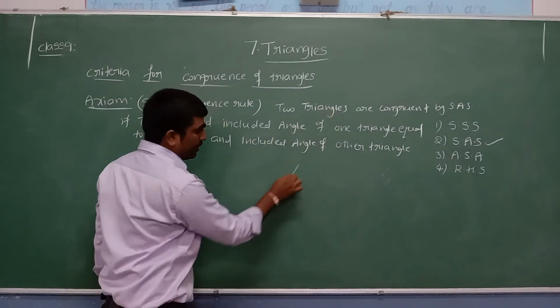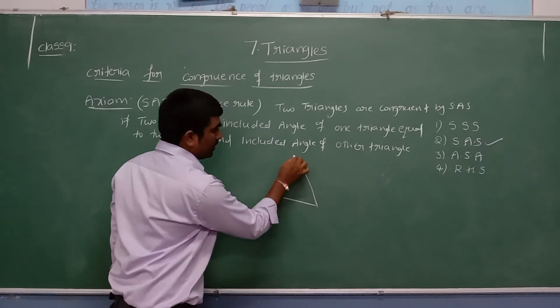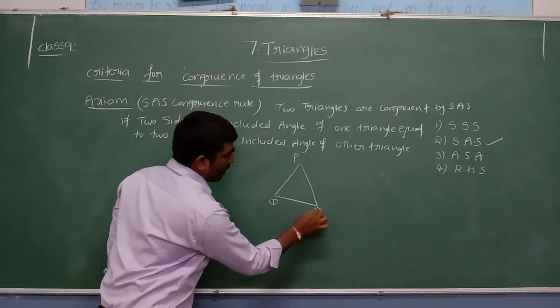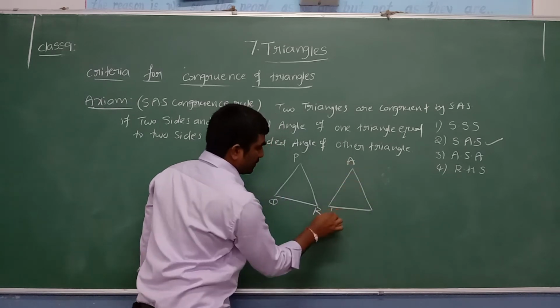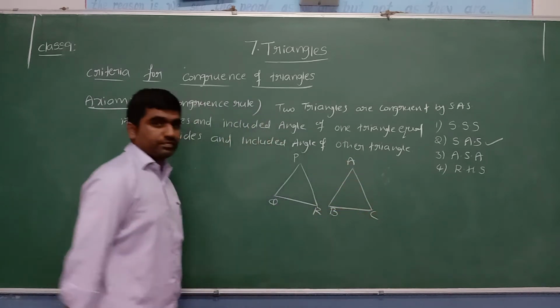We will take two triangles here. Let me take one triangle PQR and one more triangle ABC.